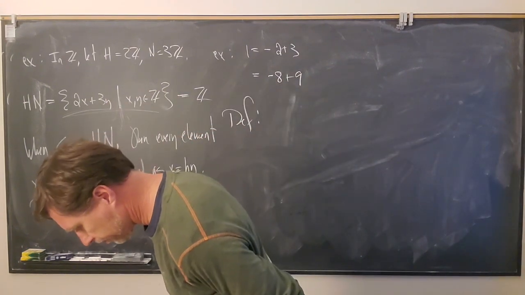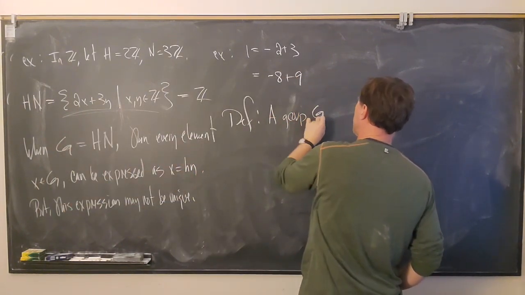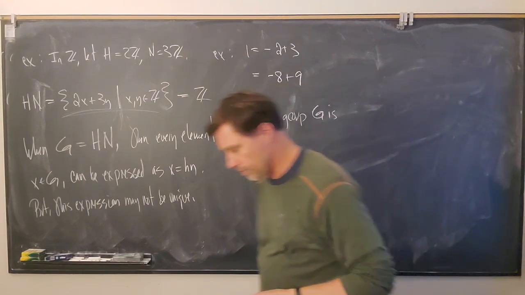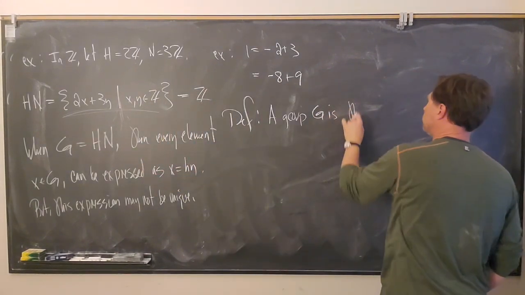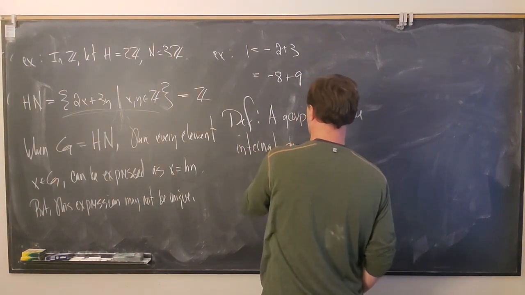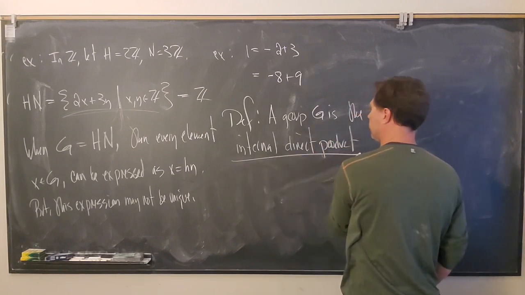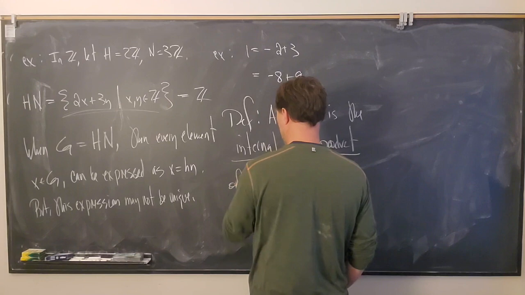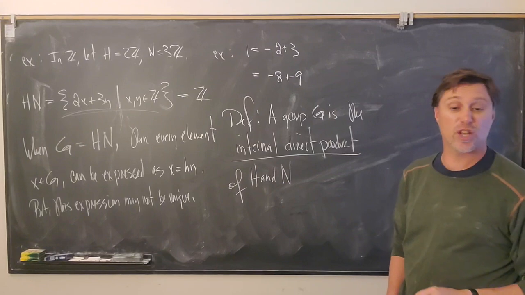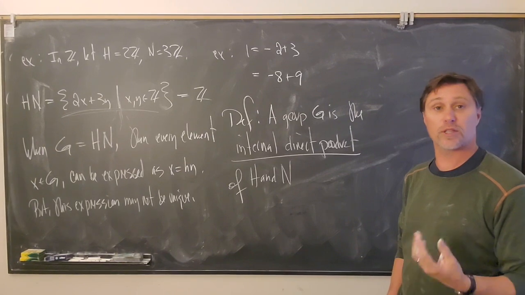So, a group G is the internal direct product of H and N. Remember, back when we were learning about direct products, G cross H, I said, well, this is really the external direct product, and there's such a thing as an internal direct product.